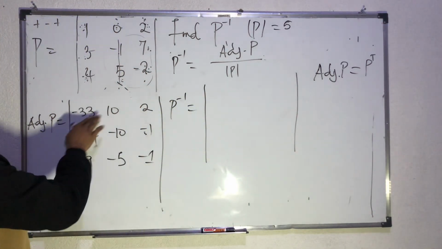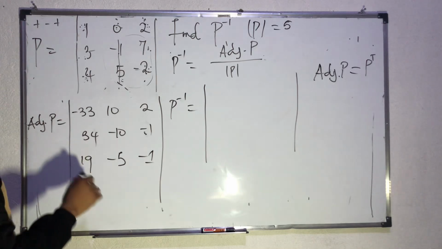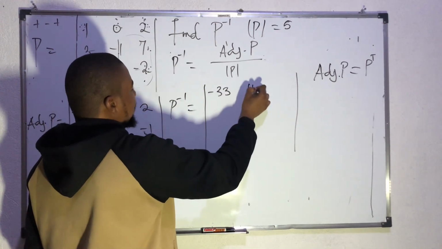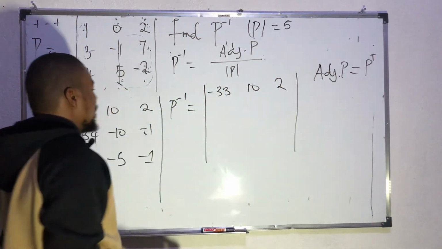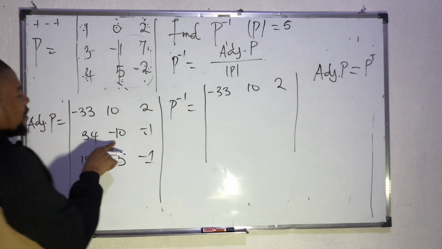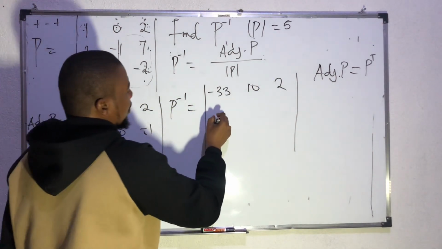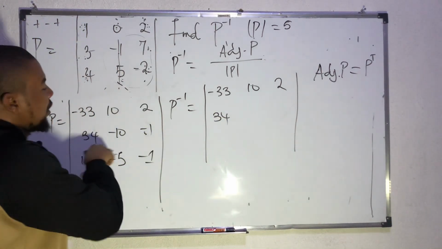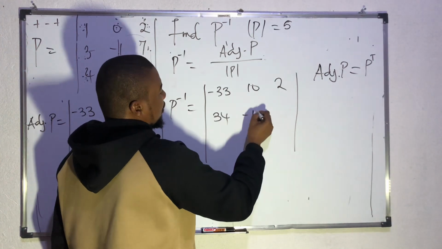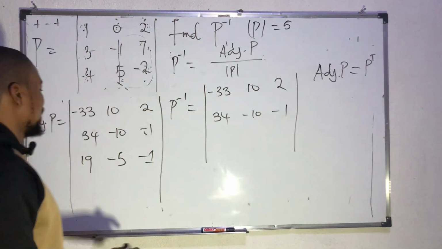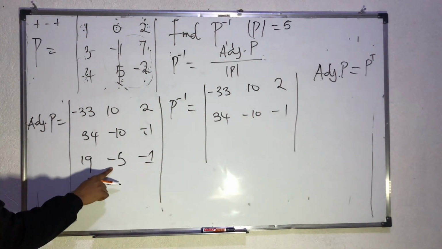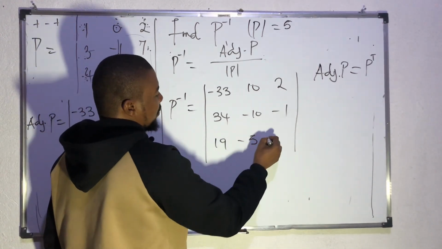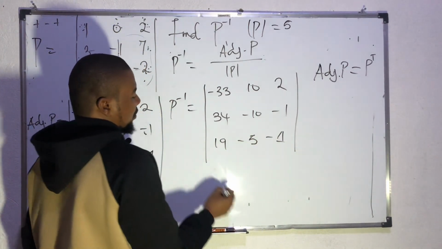so I'm going to copy this down because this is our adjoint. We have a -33, we have a 10, and we have a 2. For the second row, we have 34, -10, and -1. And lastly, we have 19, -5, -1.